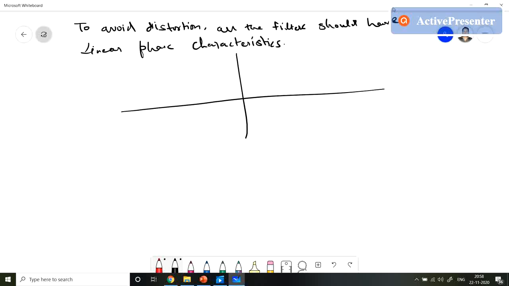If we draw the phase spectrum, then the behavior is like a straight line. This is linear phase.